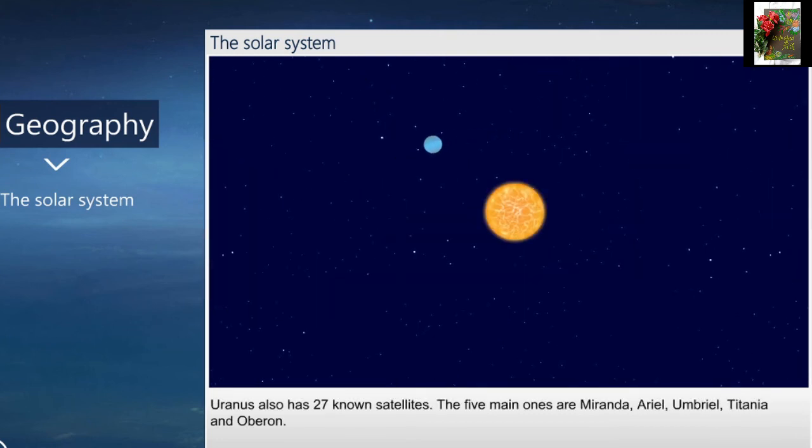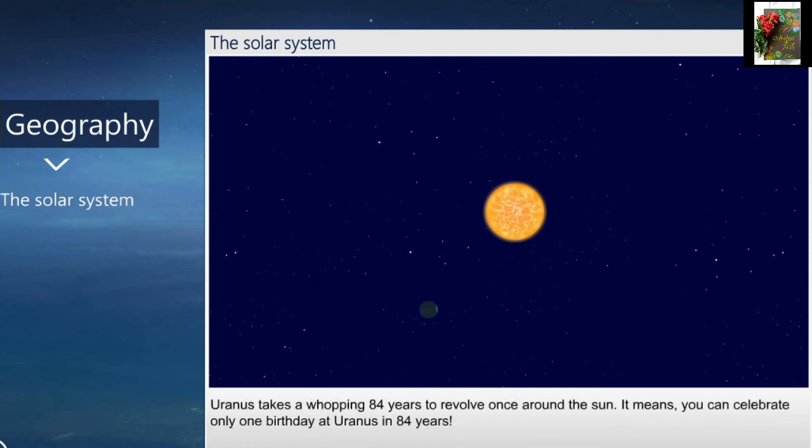Uranus also has 27 known satellites. The 5 main ones are Miranda, Ariel, Umbriel, Titania and Oberon. Uranus takes a whopping 84 years to revolve once around the Sun. It means you can celebrate only one birthday at Uranus in 84 years.